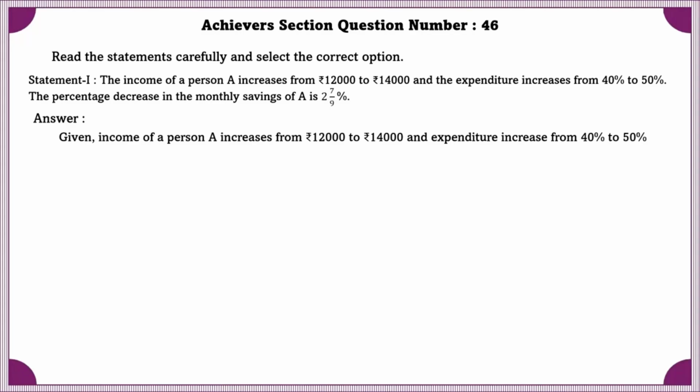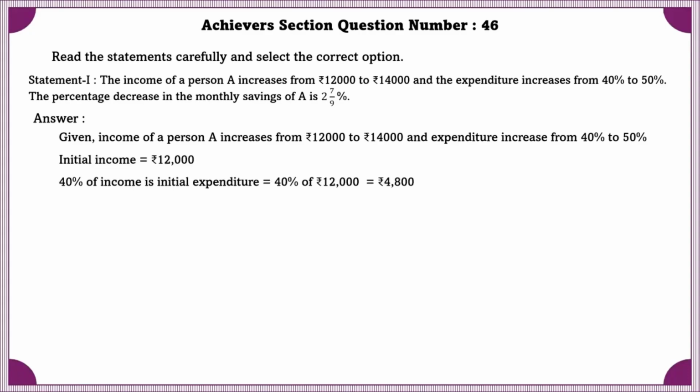Given income of person A increases from 12,000 to 14,000 and expenditure increases from 40% to 50%. Initial income is equal to 12,000 and 40% of income is initial expenditure, that is 4,800 rupees. So initial savings is equal to 7,200 rupees. Final income is equal to 14,000.